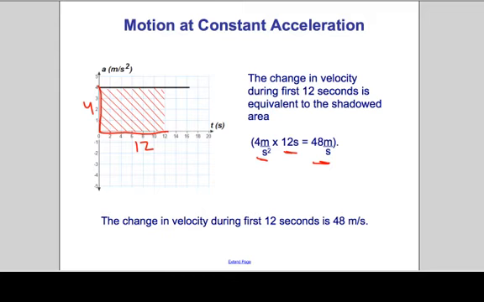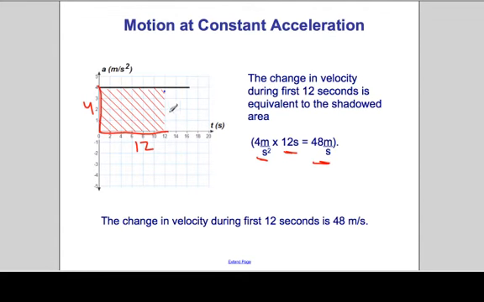Let's just imagine we did some more. Let's say again we accelerate for a greater period of time.